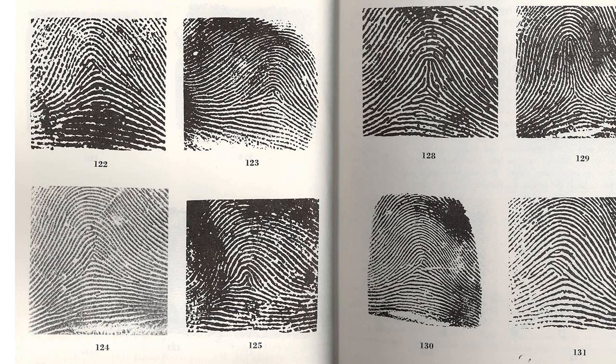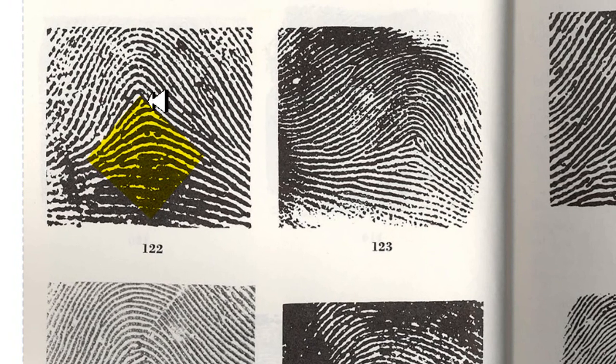In the FBI's first section of their definition, they refer to ridges that form a definite angle, 90 degrees or less. And if you look at example number 122, 123, and 124, I think you can see the angle that they're talking about. And this is a nice right angle here. If you follow this one right here.